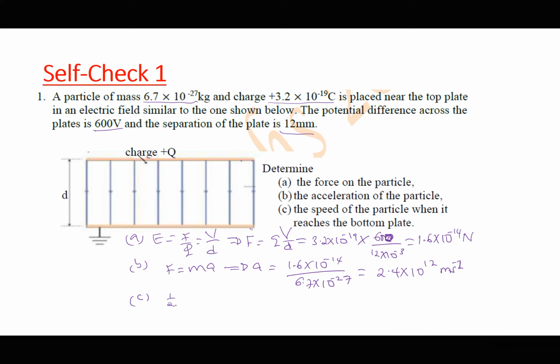So I can say a half mv squared is equal to charge times PD, which means the speed v is going to be the square root of 2 times the charge, which is 3.2 times 10 power negative 19, times the accelerating PD, which is 600, divided by the mass, which is 6.7 times 10 power negative 27.